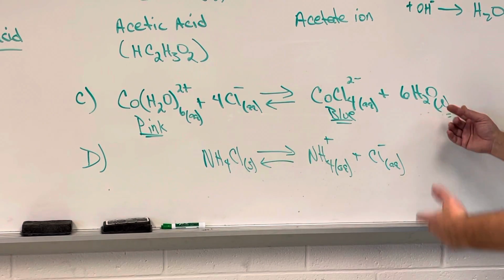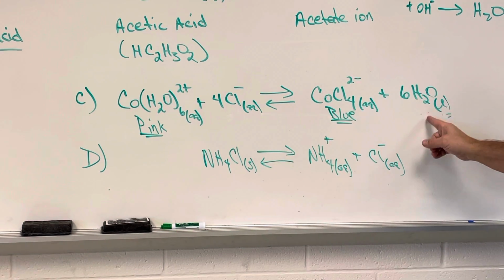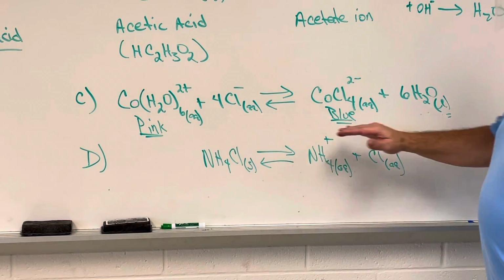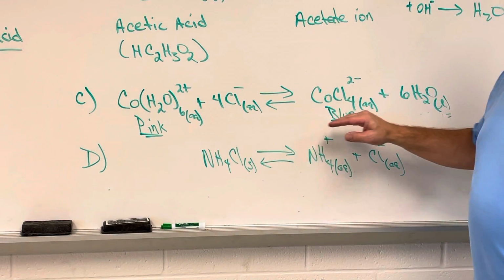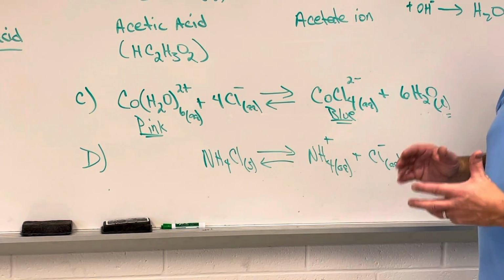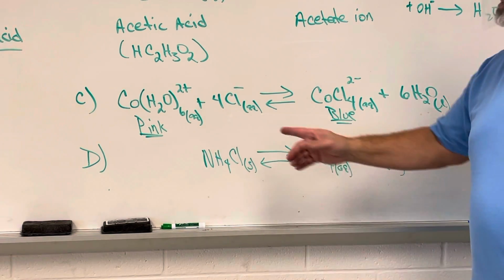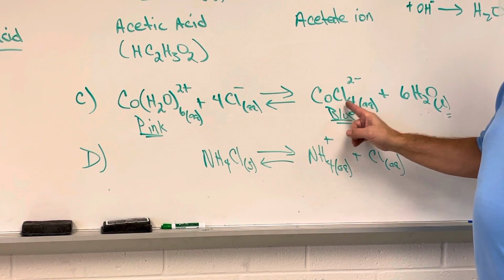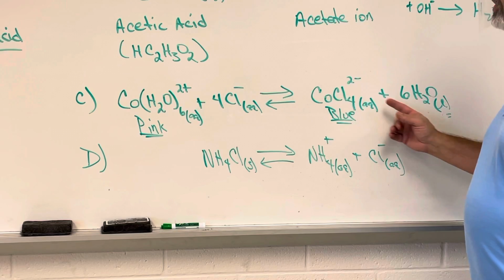Now we would think add water, it's going to push it that way, but water's a liquid. So here's something that you need to know: when you dilute an aqueous solution like this, the reaction is going to shift to the side that has more moles of dissolved ions. Since there are 5 moles of dissolved ions over here and only 1 mole of dissolved ions here, diluting it with water actually forces it here.